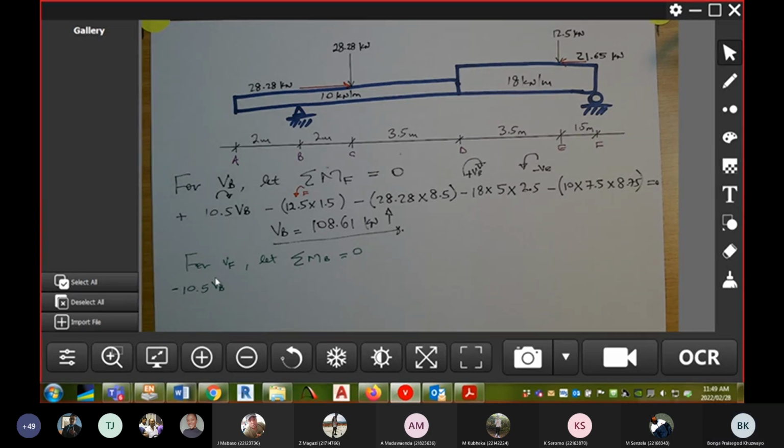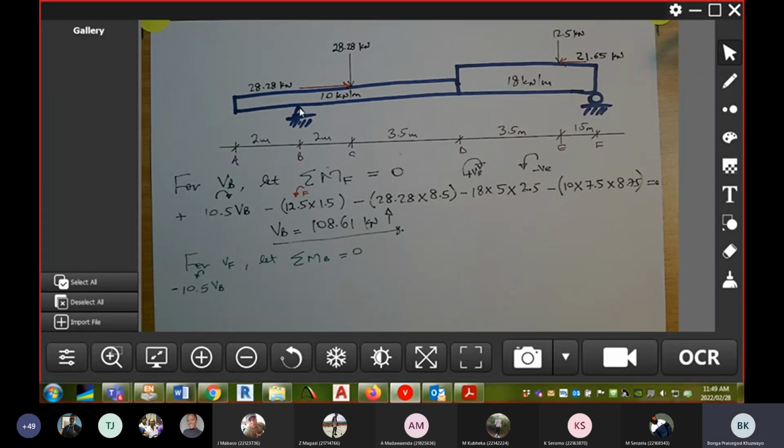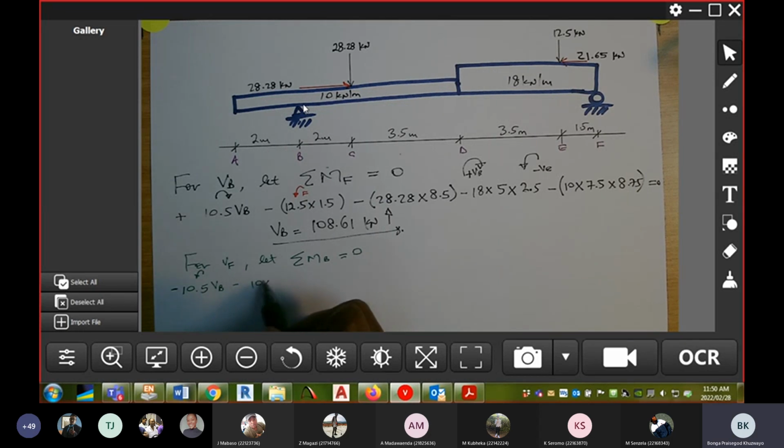This is an anti-clockwise moment if we're taking moments about node B. Be careful, we have this portion of 10 kilonewton per meter causing anti-clockwise rotation about node B. So minus 10 over a distance of 2 meters, and the lever arm is 1.